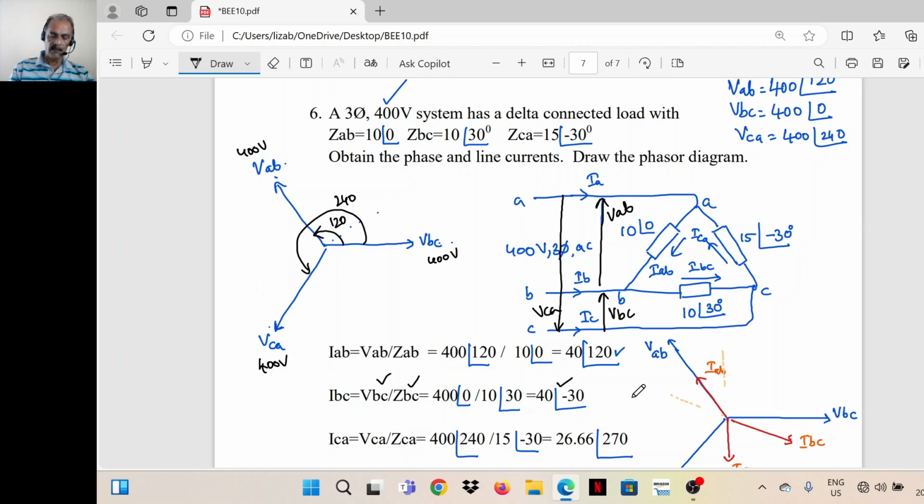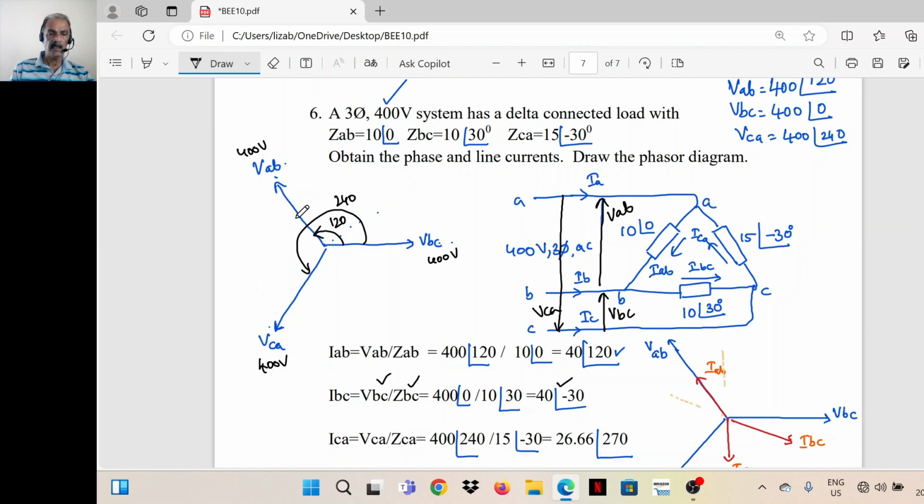So first we have to choose the line voltage phases. I have taken VBC in the reference direction. You can take VAB also in the reference direction, or VCA. So VBC is equal to 400 angle 0.